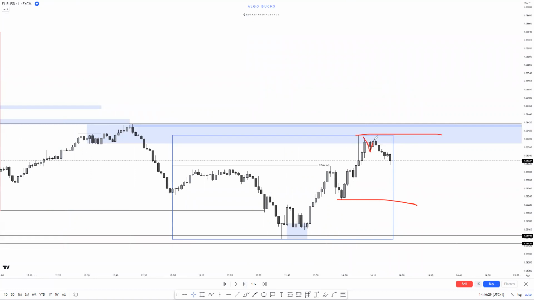So price did this, and this. So maybe if we get a reaction here, we can take this trade. So let's refine that. But we are still considering this because this POI seems to be a very valid POI because it appears on most of the time frames.